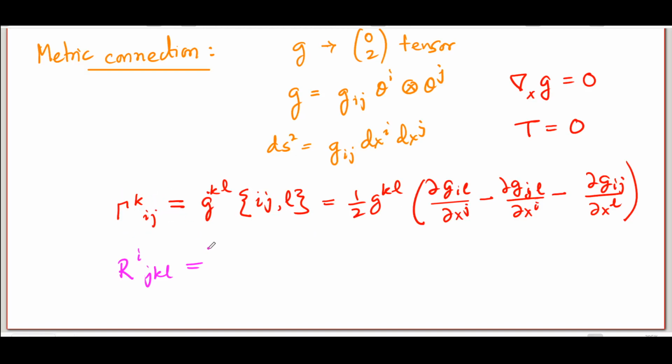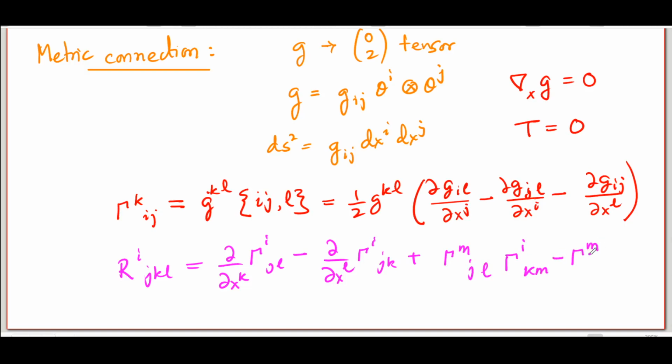And the standard formula that we have for this is given by del/del x^k gamma^i_jl minus del/del x^l gamma^i_jk plus gamma^m_jl gamma^i_km minus gamma^m_jk gamma^i_lm.